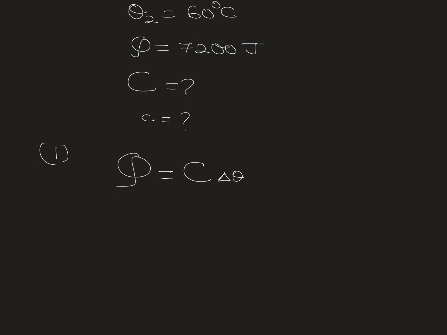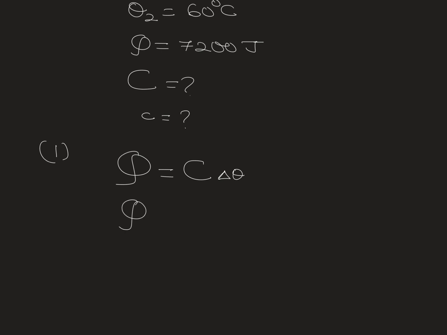Okay, so we can say the quantity of heat is equal to the heat capacity multiplied by theta 2 minus theta 1. So what is the quantity of heat? It is 7,200 joules.